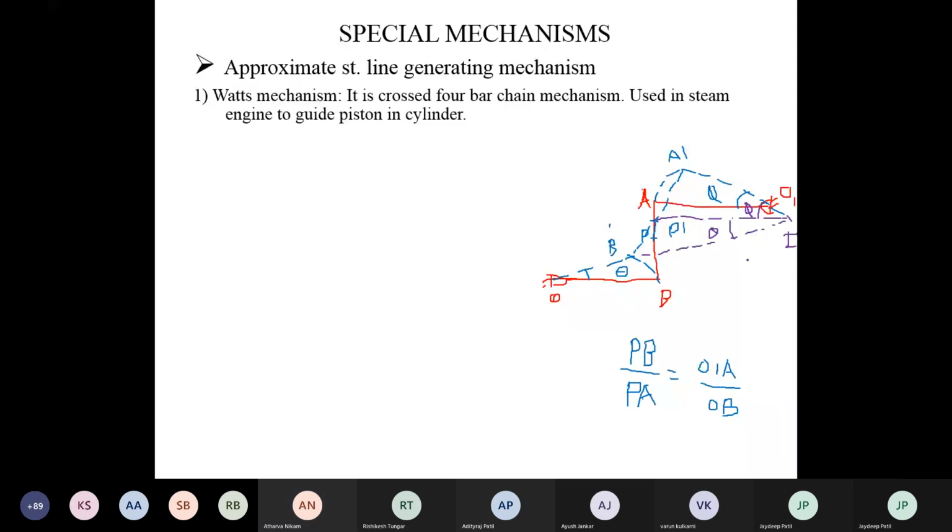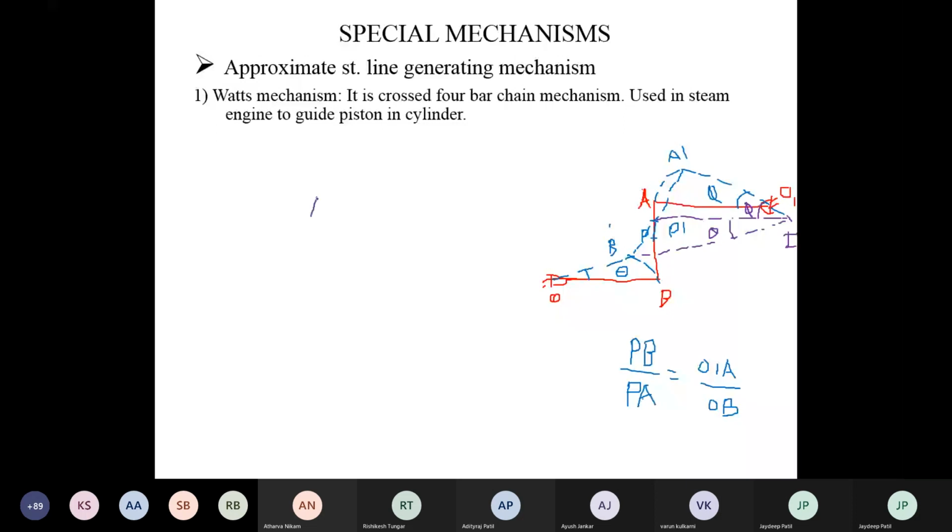Now you will get the displaced position of this mechanism. You have to prove that PB upon PA is equal to O1A upon OB. Then you can say P traces an approximate straight line PP dash. If you observe here, when the mechanism is displaced, you will get two arcs.